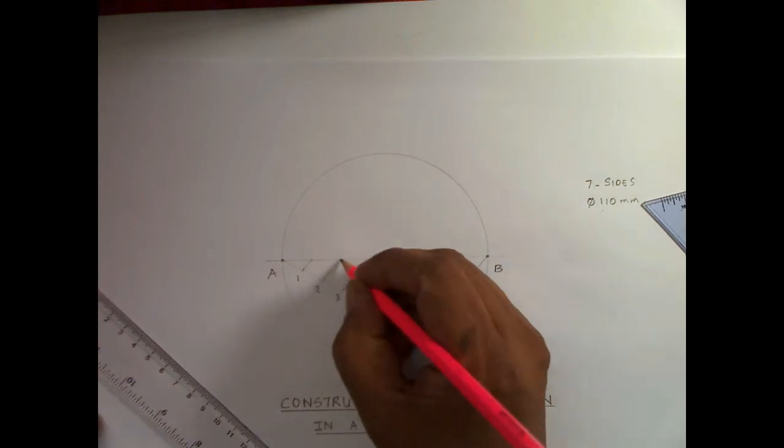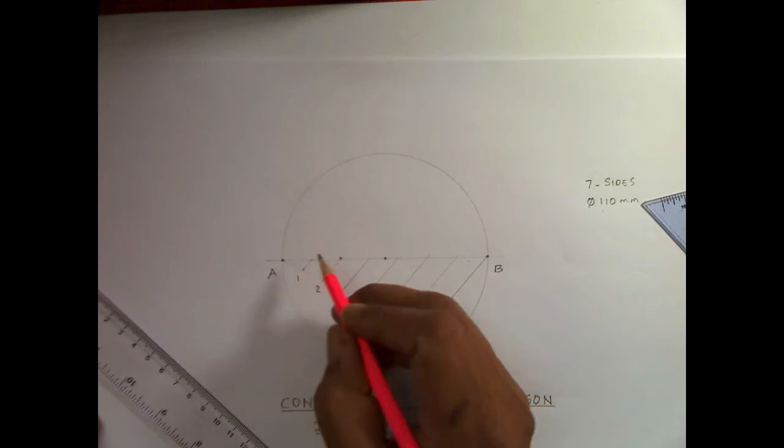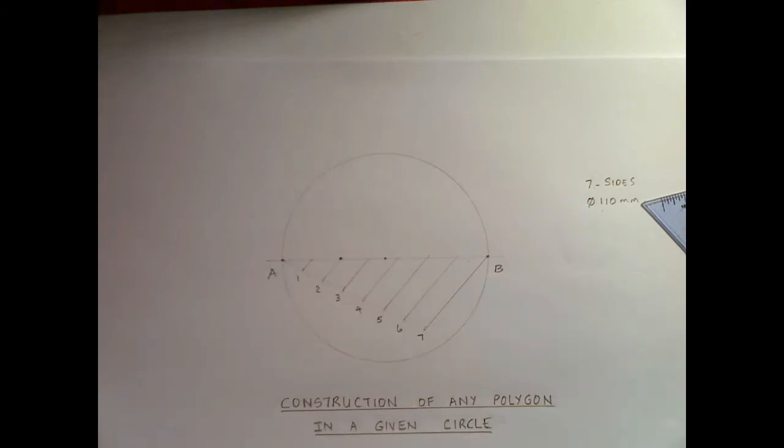The point of interest would be the second one from the end. You want to be interested at this point on the diameter.